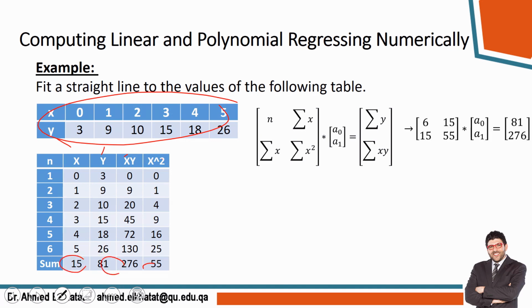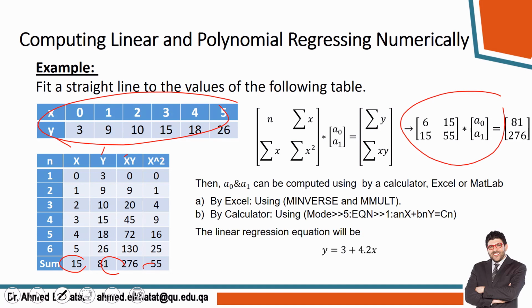Then we have this matrix. Then we can solve it, as we said, by calculator, Excel, or MATLAB. For Excel, you should use the matrix inverse and matrix multiplication functions, and I'll show you in detail how to use them. Also by calculator using the linear equation solver.